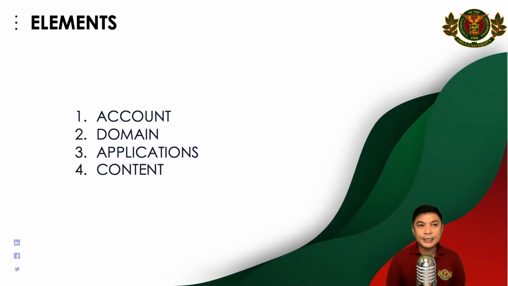You can buy a domain from outside sources, or you can buy a domain from Shopify so that you will have a custom domain .com or .ph. And then you just select applications and then customize the content. That's all.